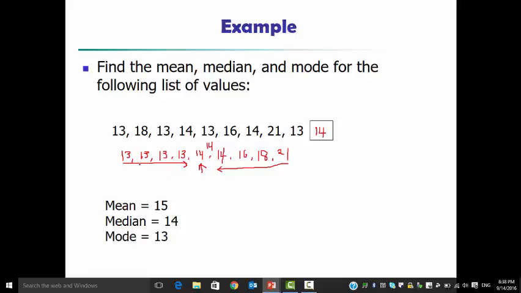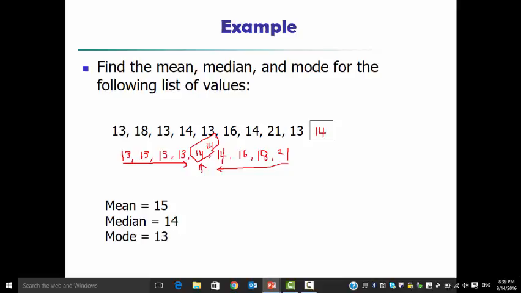Median, you should pick from the one in the center. But when you count from left and right, there's no center but two values in the middle. That is the center. So you add those two values together and divide by 2.